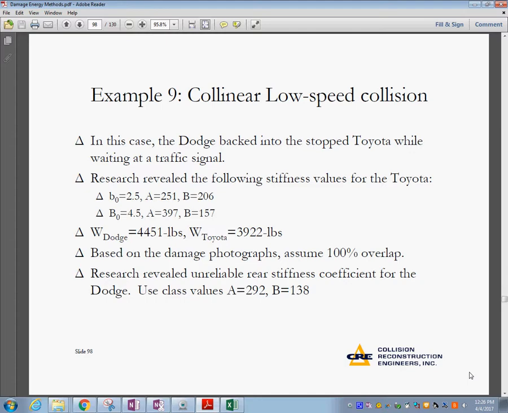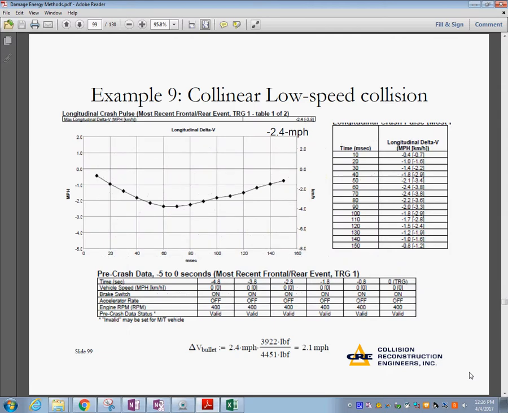So the question is, the problem says research reveals unreliable rear stiffness coefficients for the Dodge using class values. This is the data from the EDR.